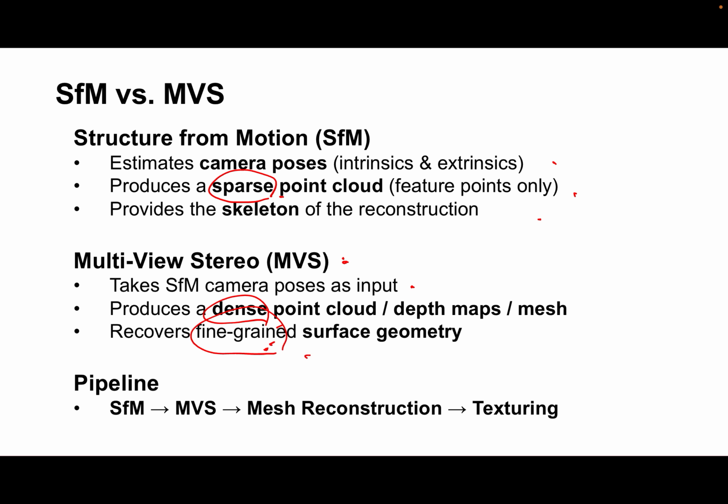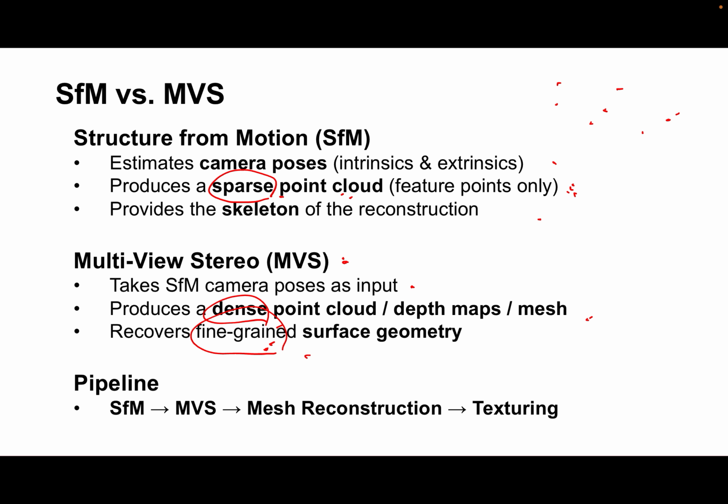Fine-grained means very detailed surface. So we see structure from motion gives very sparse points, because we only lift matched points among many pixels in images. But MVS tries to get a very dense point cloud with fine-grained surface geometry.